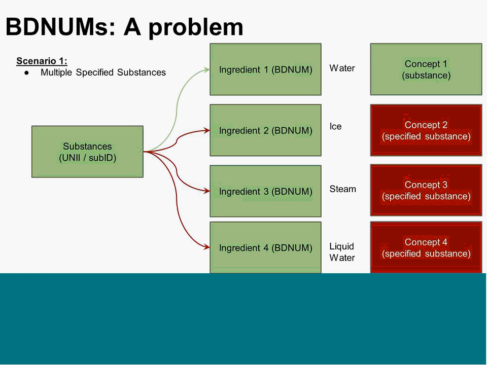Right now, if you search in the system, you'd see even in initial migration that some of this information is in the same substance record, and much of that information needs to be pulled out to a specified substance record rather than the substance record it's been in. This information isn't exactly wrong. It's just not specific enough. So it is still true that the substance UNII for ice is this UNII. It's just not true that the specified substance UNII for ice is that.